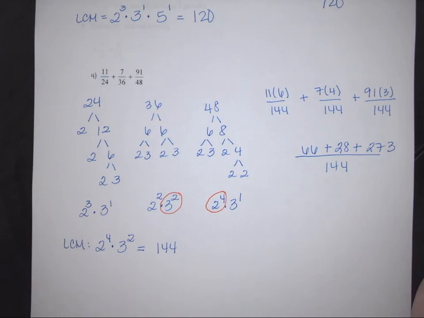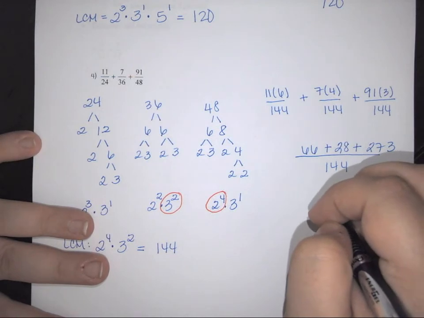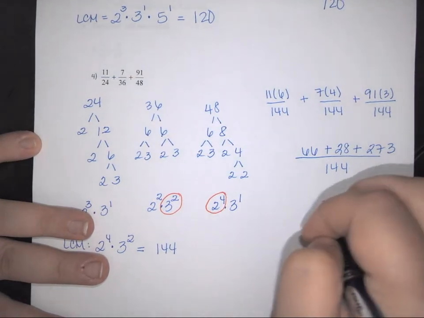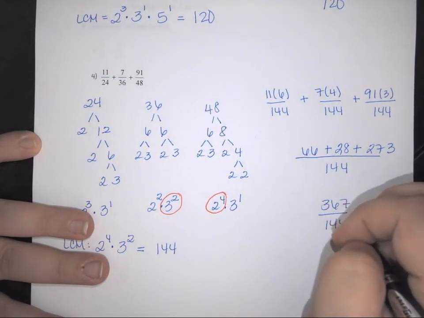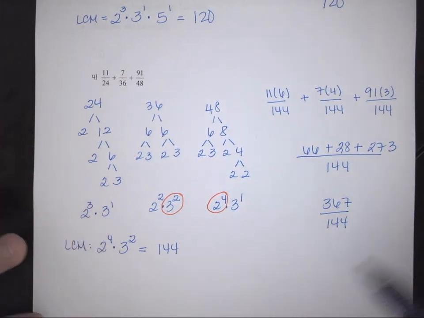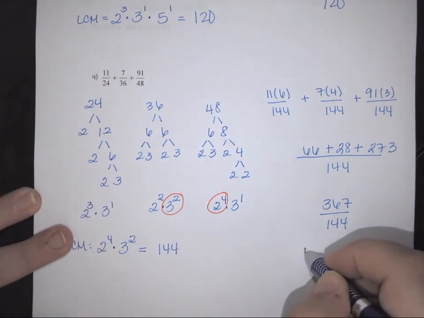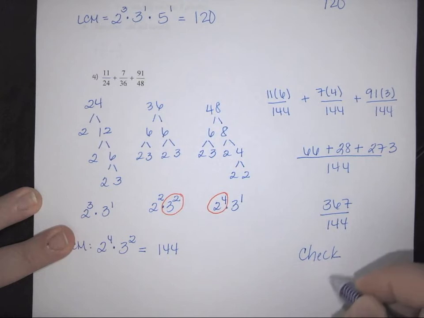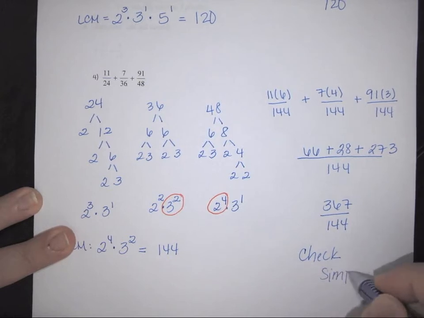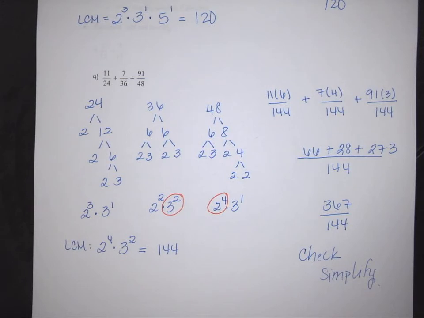We're going to add them all together, and we're going to get 367 divided by 144. And then, of course, with this, you always want to check and simplify. You always want to make sure that you're reducing down as far as you can go, so always double check it and make sure.